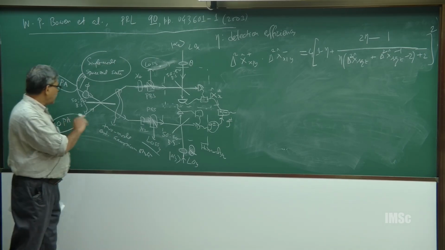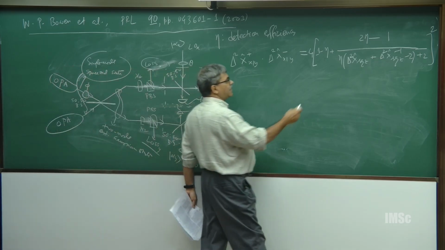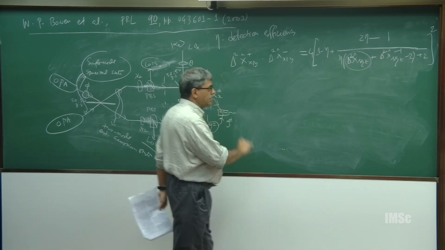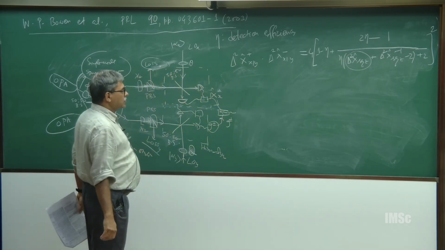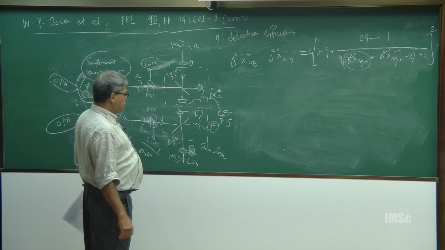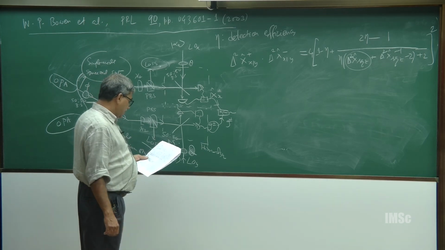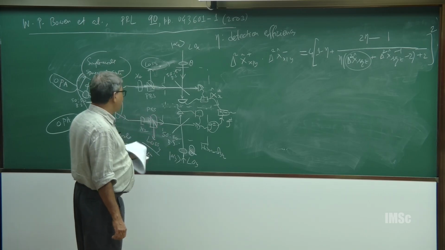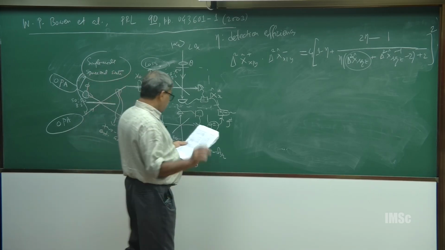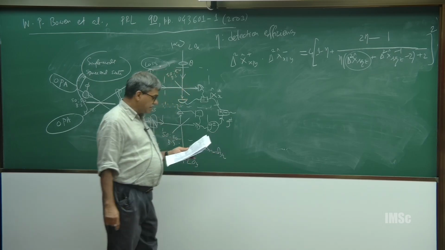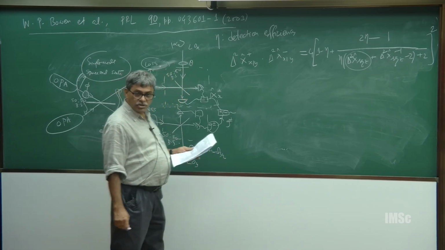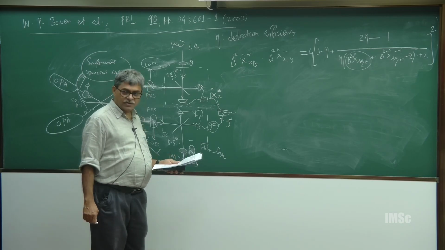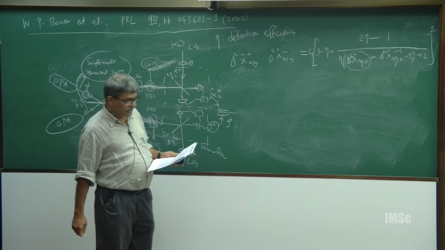I am not writing the exact form of this, one can in principle figure it out. In fact, they have experimentally also figured out the values of this squeezing. It is a property of the prepared state, so there is some uncertainty in the squeezing.